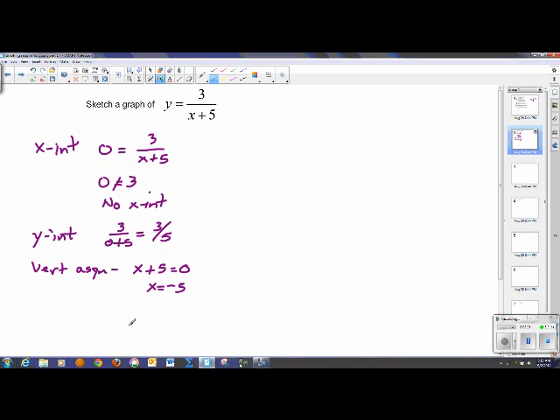And we notice in this case, the degree of our numerator, degree means the greatest power of x, we have x to the 0 and x to the 1 in the denominator. And the rules we had before were if the degree of the numerator is less than the degree of the denominator, y equals 0 is our horizontal asymptote.